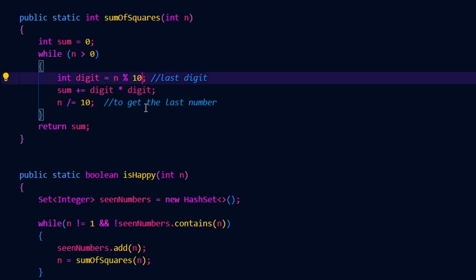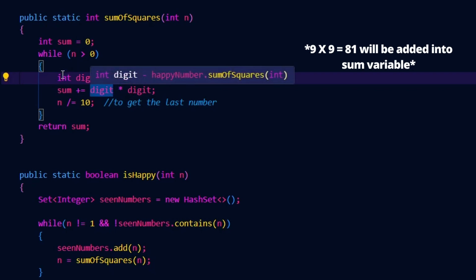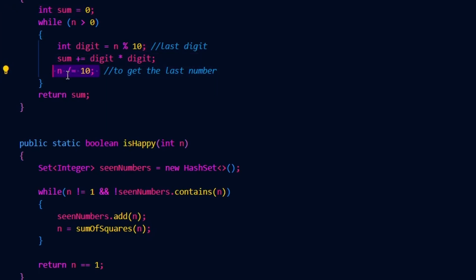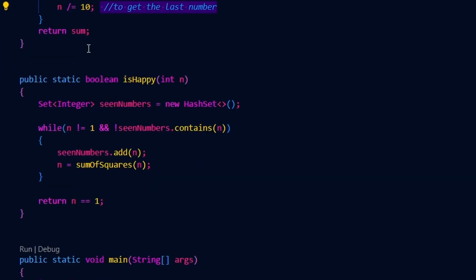The percentage symbol gives the remainder, so with 10 it gives us the last digit, like with 19, it gives 9. Then digit times digit is added to the sum which we initialized. Then n is divided by 10 to remove the last digit. Then it returns the sum.